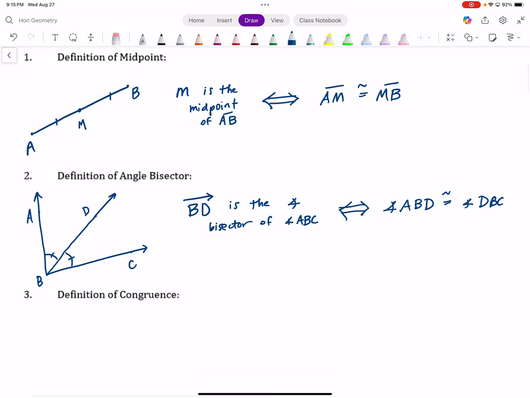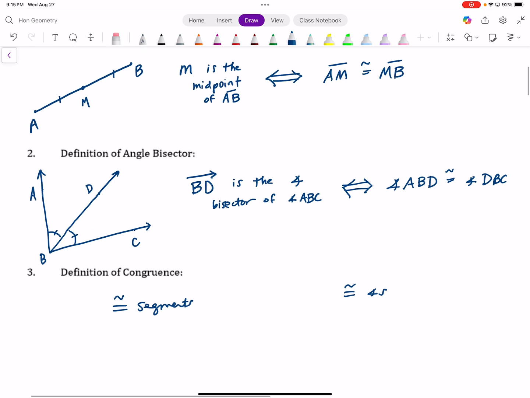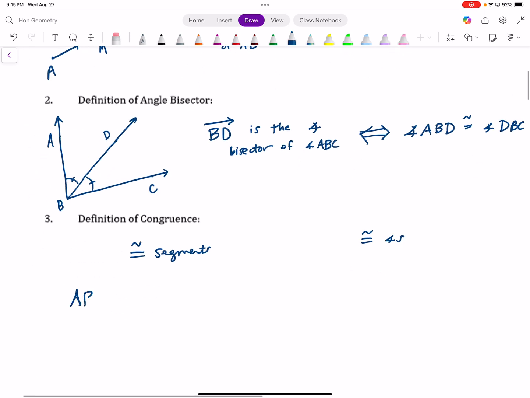All right, so definition of congruency. Remember, there's two different types of congruency. So we have congruent segments and congruent angles. If I tell you there's two segments that are congruent, then that means that they're the same length and vice versa.